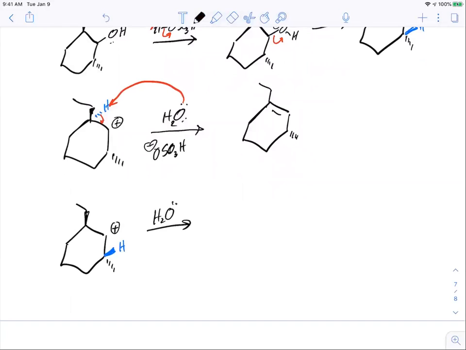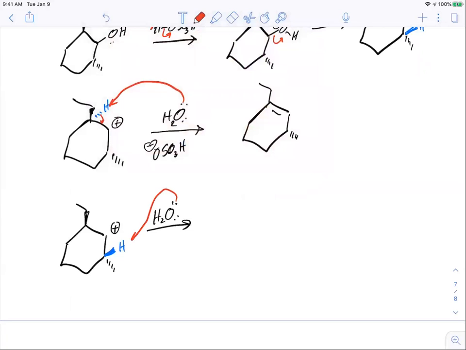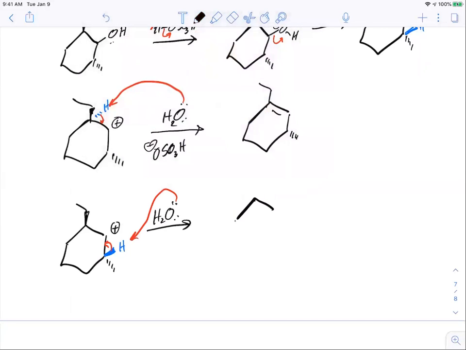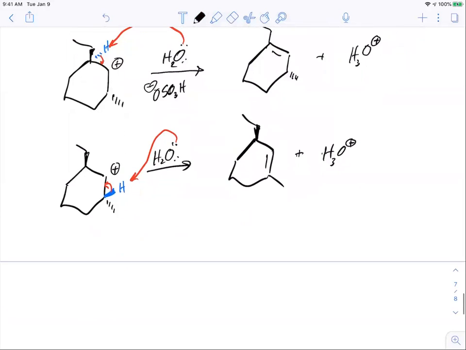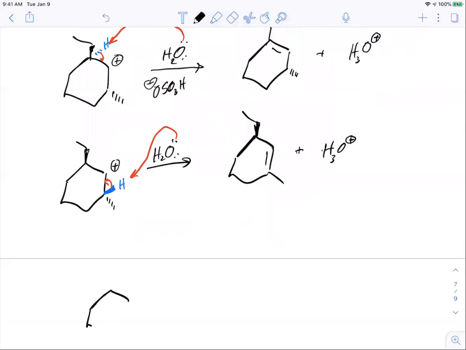Similarly, in the second one, with a different proton, water picks up the proton. Again, we've got a carbocation, so it's going to be a high energy species. Now, why could it be both of these? Well, because when we go to the carbocation, I've got a p orbital.